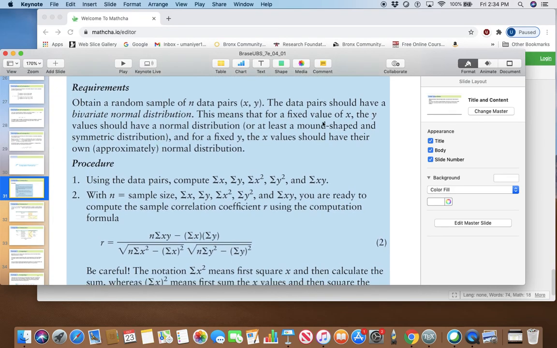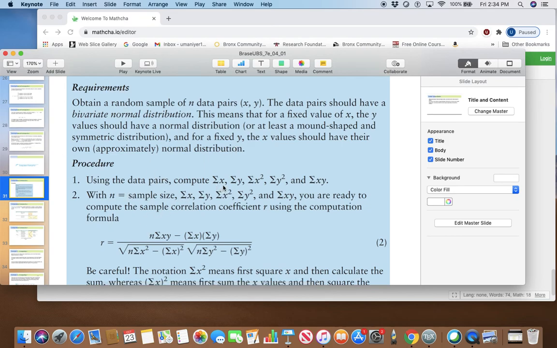This means that for a fixed value of x, the y values should have a normal distribution. For a fixed value of y, the x values should have an approximately normal distribution. Okay, that's a prerequisite to start.